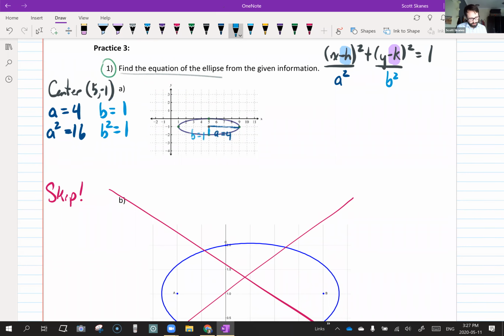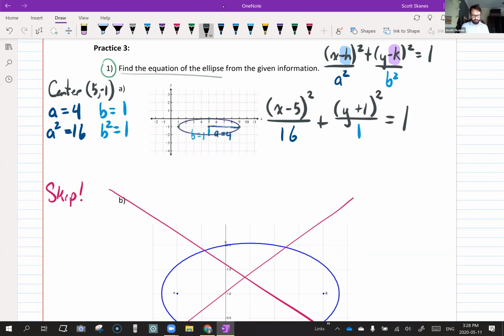So I can write our final answer. (x minus 5), remember change the sign, over a squared, which is 16, plus (y plus 1), change the sign on the center value, over b squared, which is 1. So I don't really need to write it there, but there's no harm in keeping it there. And of course I need the square.